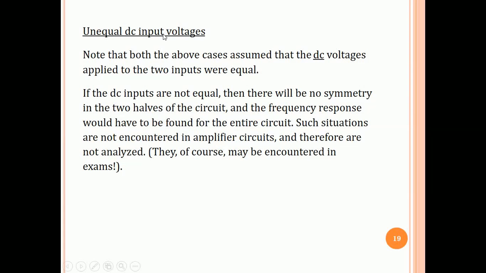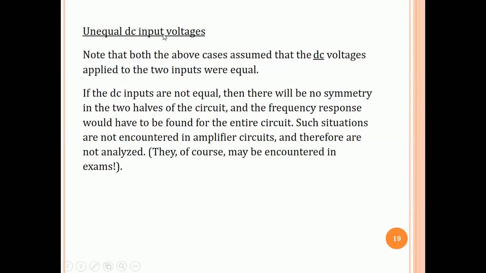Such a case is not relevant in any practical circuit because, unless there is positive feedback, usually there is always negative feedback, and if there is negative feedback, the two inputs of the differential amplifier are always at the same DC potential, and because they are at the same DC potential, our analysis of the differential mode and common mode voltages is valid.